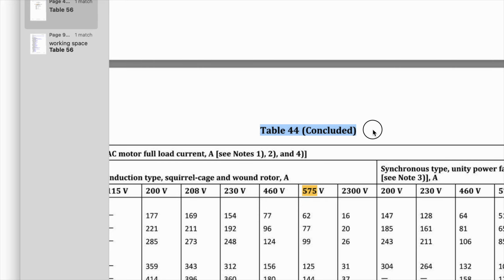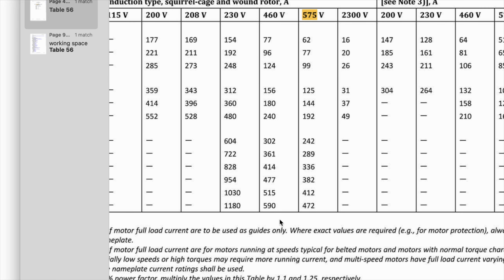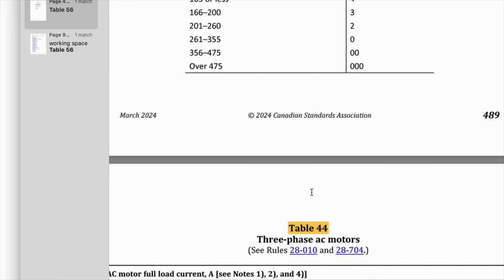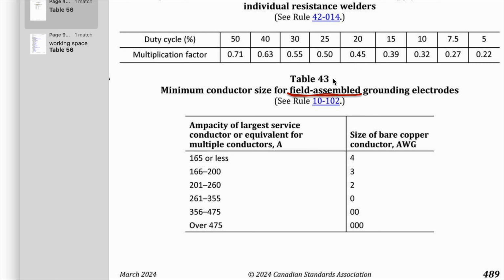It's for three-phase motors and their ampacity. What is Table 45? It's for single-phase AC motors. What is Table 43? Table 43 is for the minimum conductor for field assembled grounding electrodes.